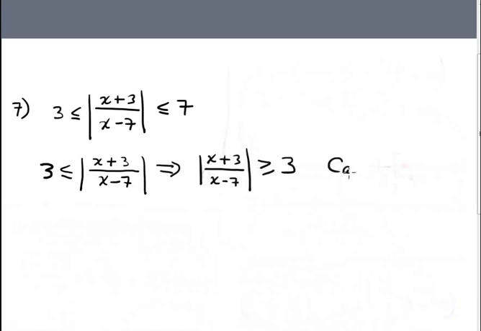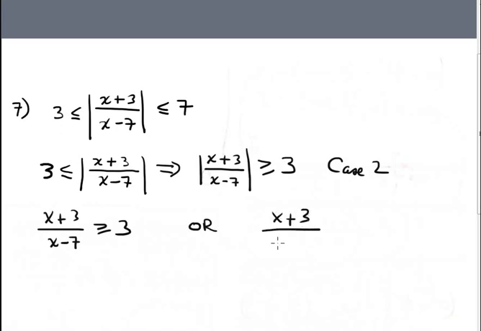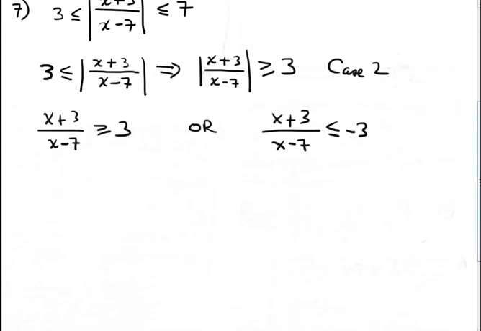And this is case 2. In case 2 you separate in two pieces: x plus 3 over x minus 7 greater than or equal to 3, or x plus 3 over x minus 7 less than or equal to minus 3. You solve it again, two different problems, but you connect them by union.